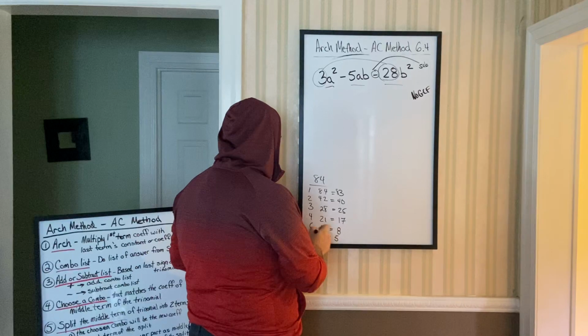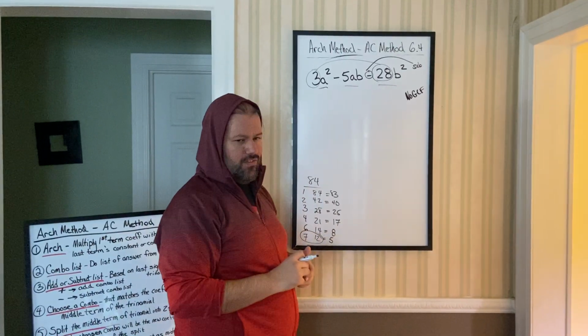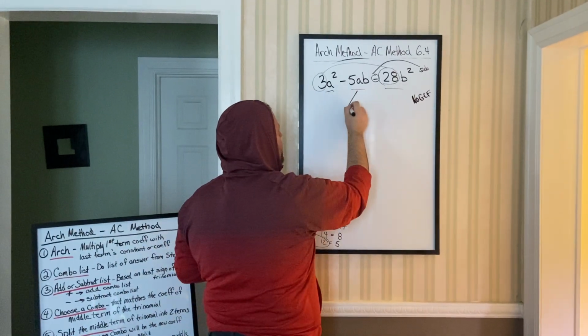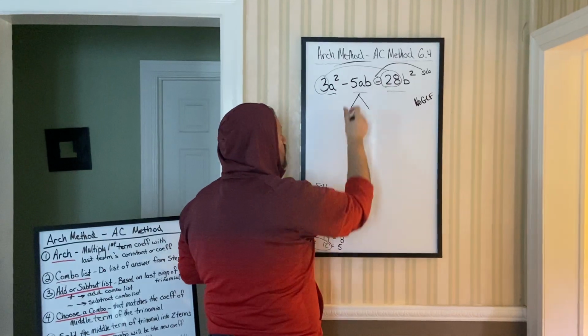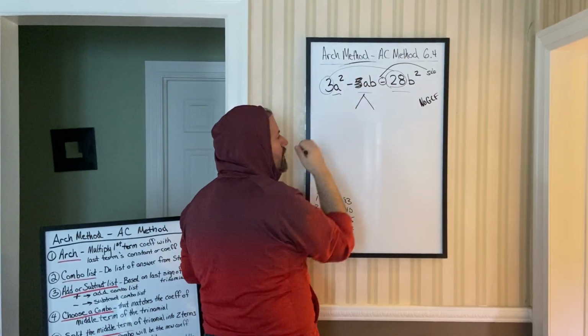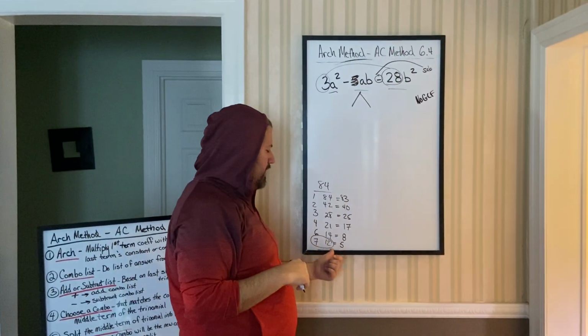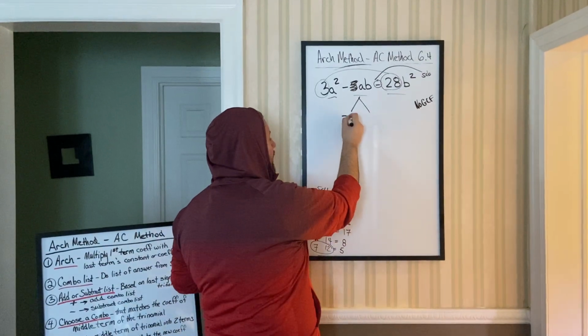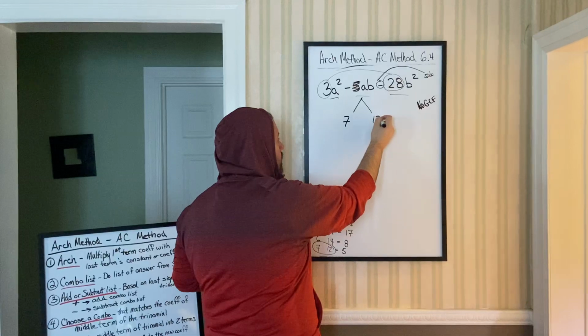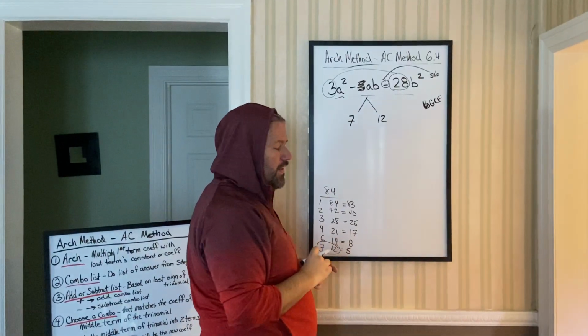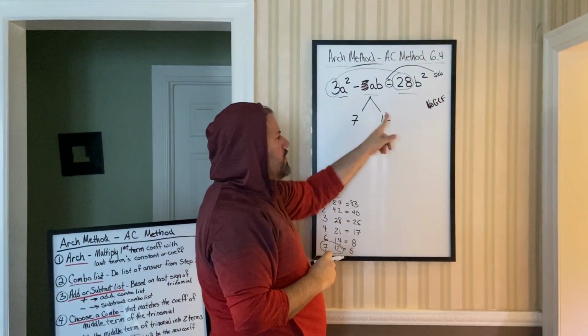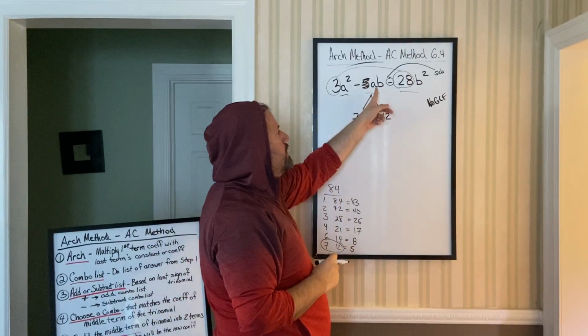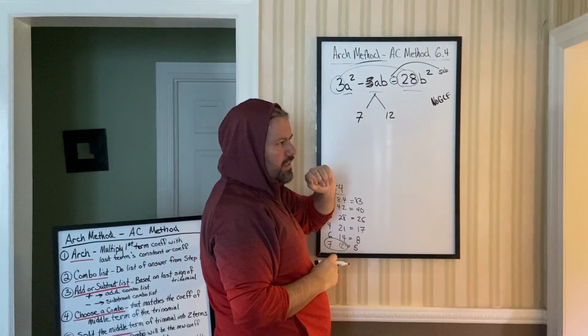So we know we're going to choose the combo 7 and 12. Remember, we're going to do the split. So goodbye to 5. Remember, we're going to have new coefficients based on the chosen combo. So we're going to have a 7 as a new coefficient and 12 as a new coefficient. We need to bring down variables for these guys. Now notice the variable is AB.